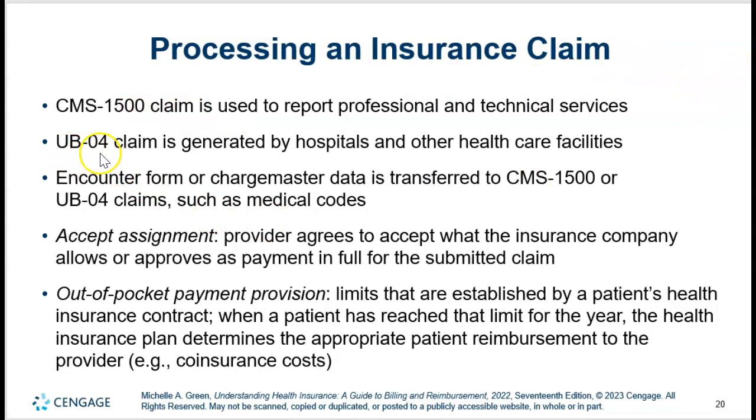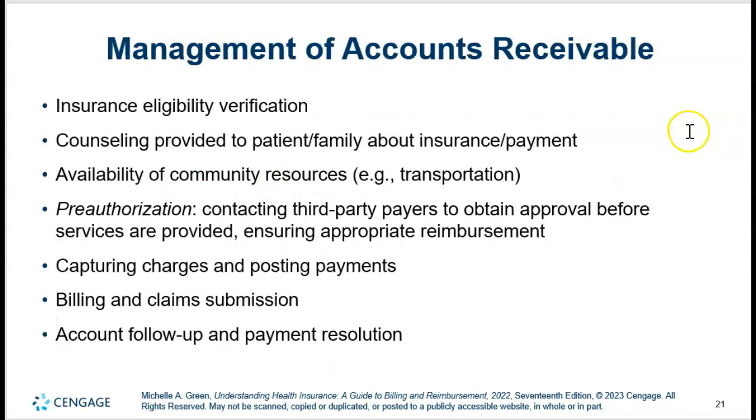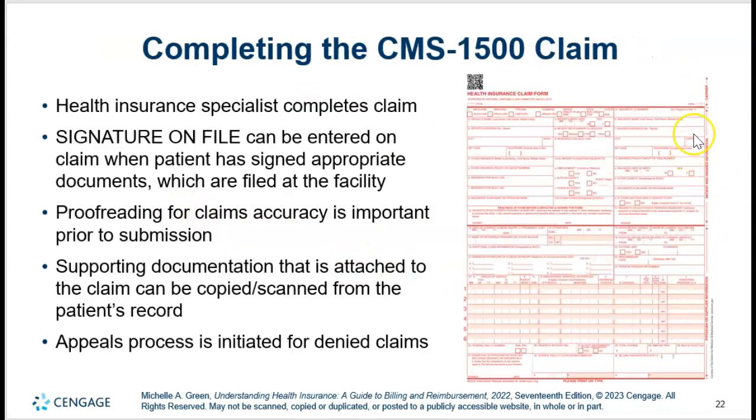Where a UB04 is generated by hospitals and other healthcare facilities. So then it goes all into accounts receivable. You may have a pre-authorization. You go into that whole cycle.